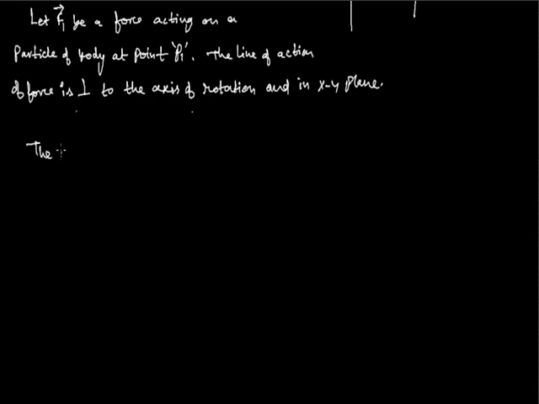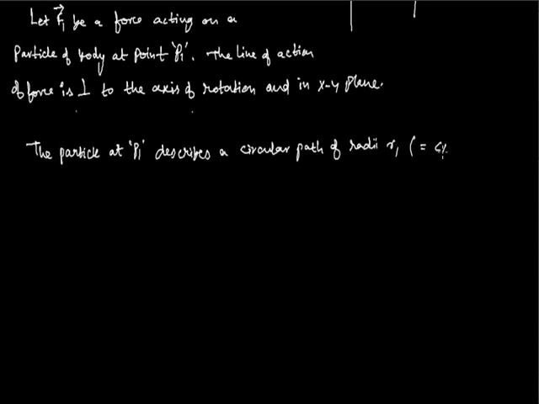The particle at point P1 describes a circular path of radius small r1, that has been shown in the figure as the distance CP1.